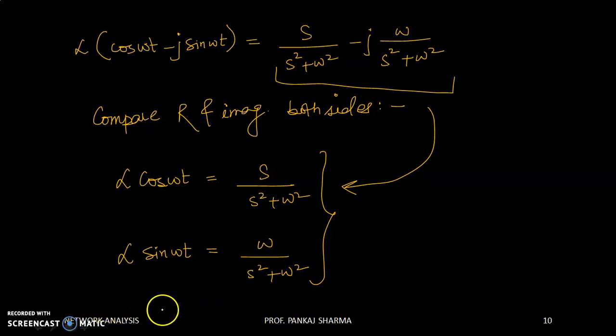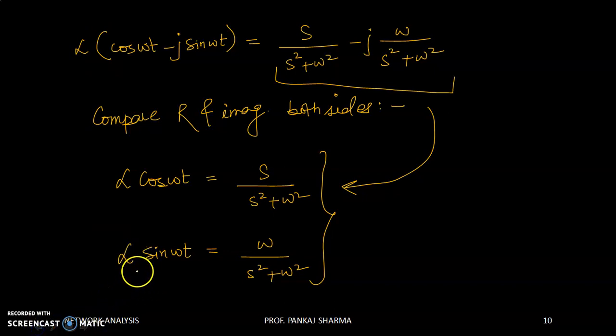Now put a is equal to sigma plus j omega in equation number 1.